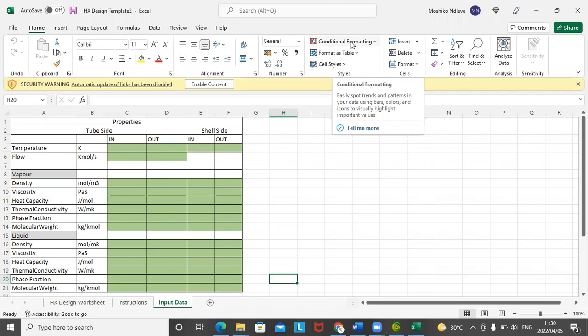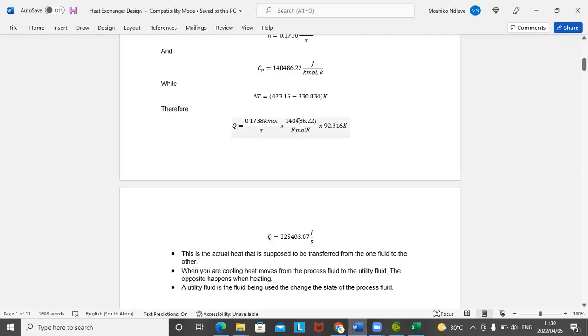And it's important that you also learn how to develop such spreadsheets, because design work is mainly about creating spreadsheets that will make your life easier. So one thing you'll see here is, now we've just calculated the heat duty, right? So this is the actual heat that is supposed to be transferred from one fluid to another. And when you're cooling, it moves from where? It moves from the hot fluid.